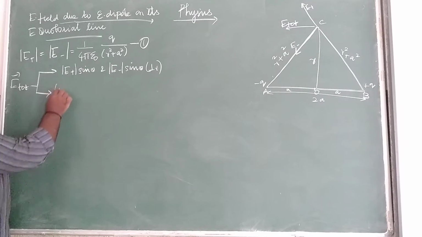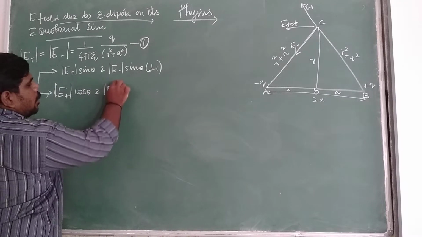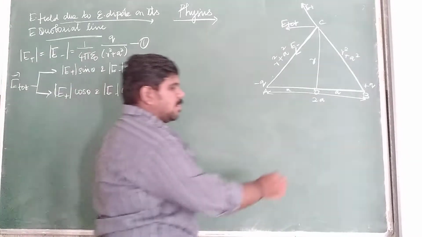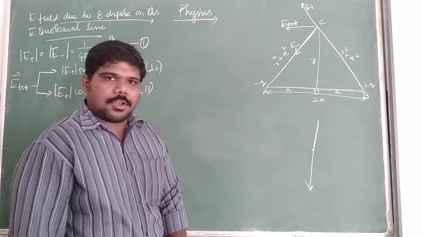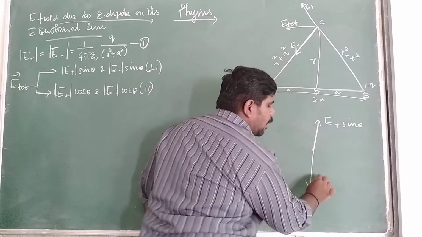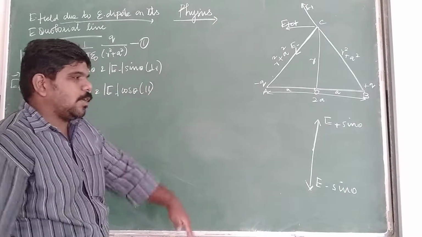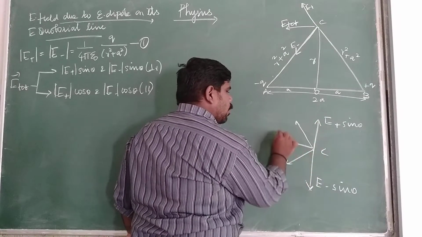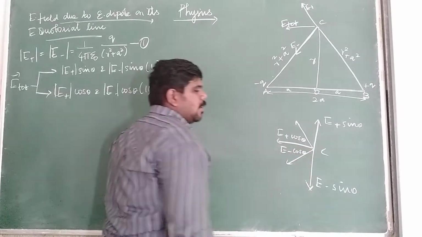The next ones, E plus cos theta and E minus cos theta, are the parallel components. Assuming this is point C, at this point the total electric field will be resolved into E plus sine theta, E minus sine theta, the perpendicular components, and E plus cos theta and E minus cos theta, the parallel components.